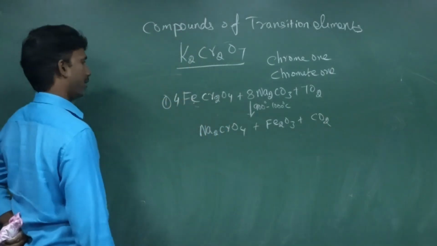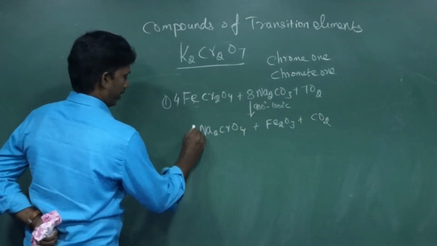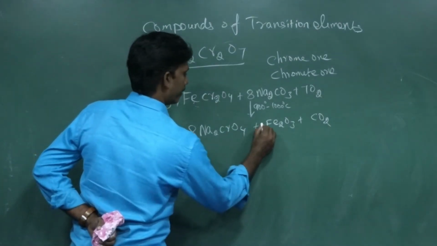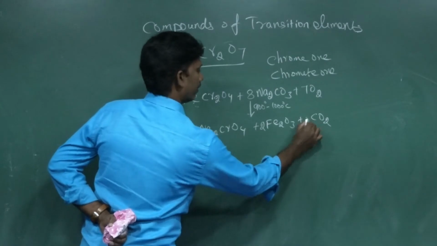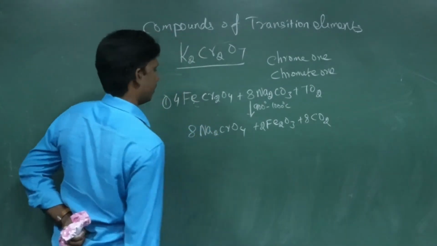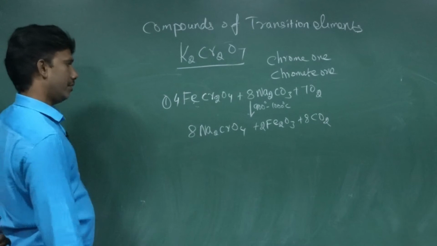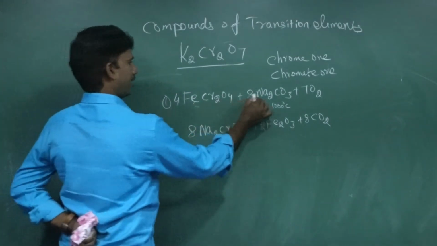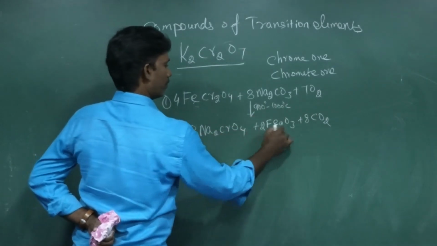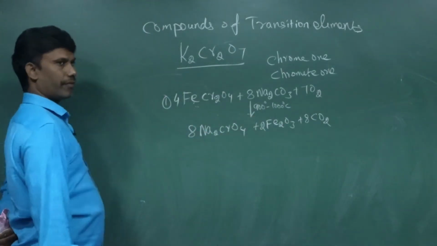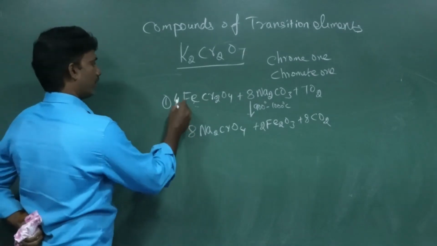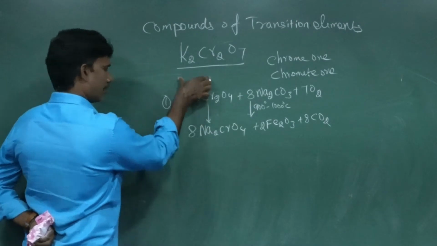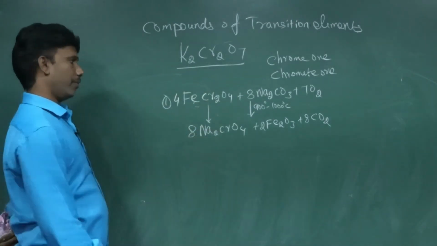In the balanced equation: 8 times sodium chromate, 2 times iron oxide and 8 times carbon dioxide. By looking at the equation you can easily memorize 4, 8, 7, 8, 2, 8. That is the first step, converting chromite ore into sodium chromate.